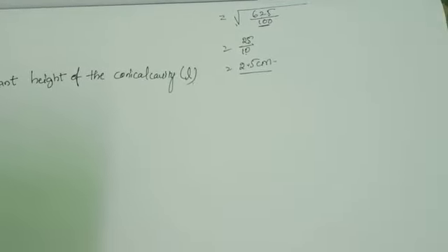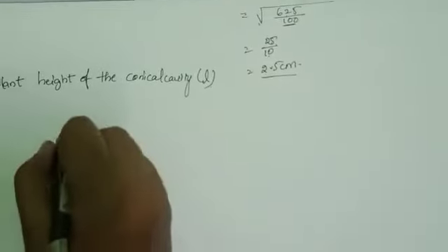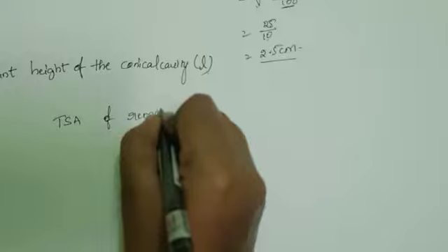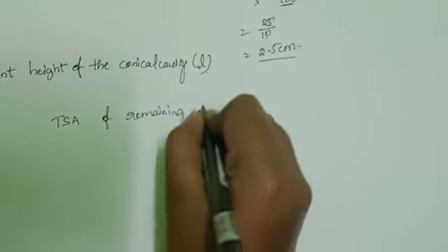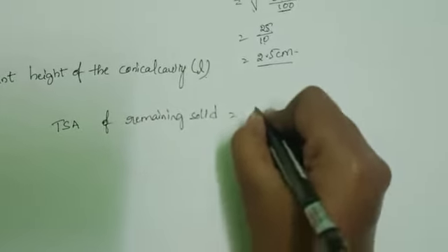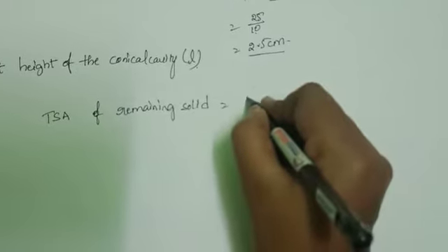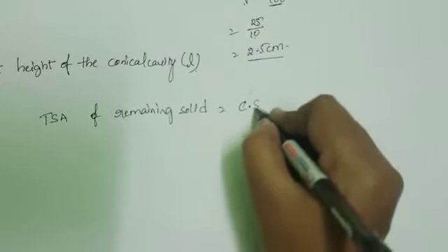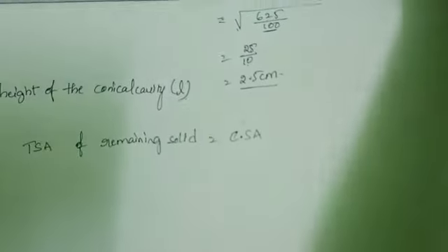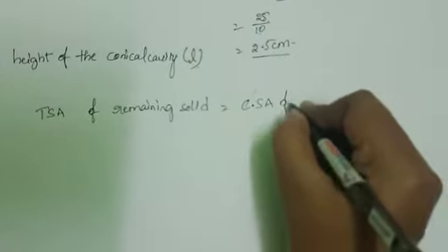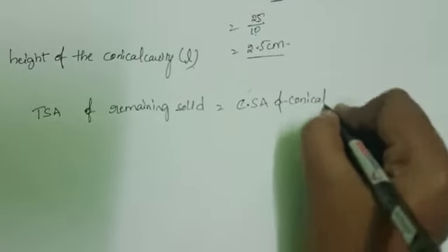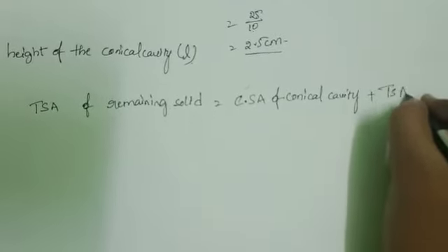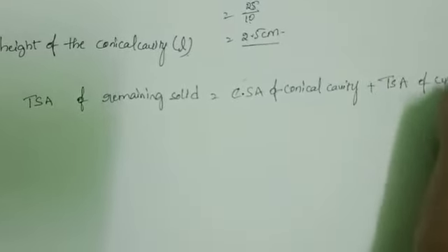Therefore, the total surface area of the remaining solid equals the curved surface area of the conical cavity plus the total surface area of the cylinder.